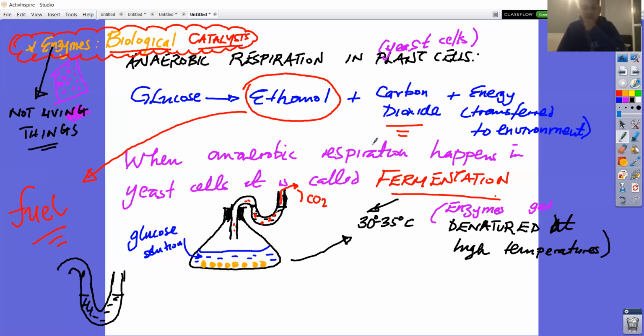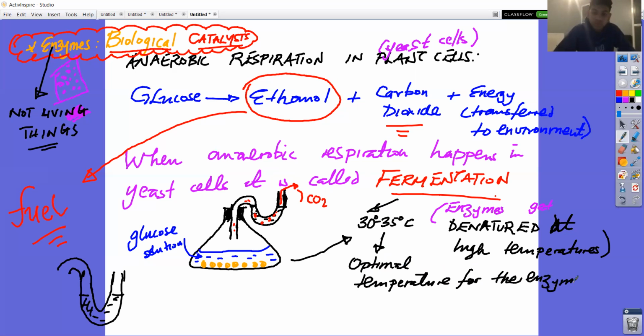Now, respiration uses enzymes as well, so that the reaction can take place quicker. So 30 to 35 affords us an optimal temperature for the enzymes to function.